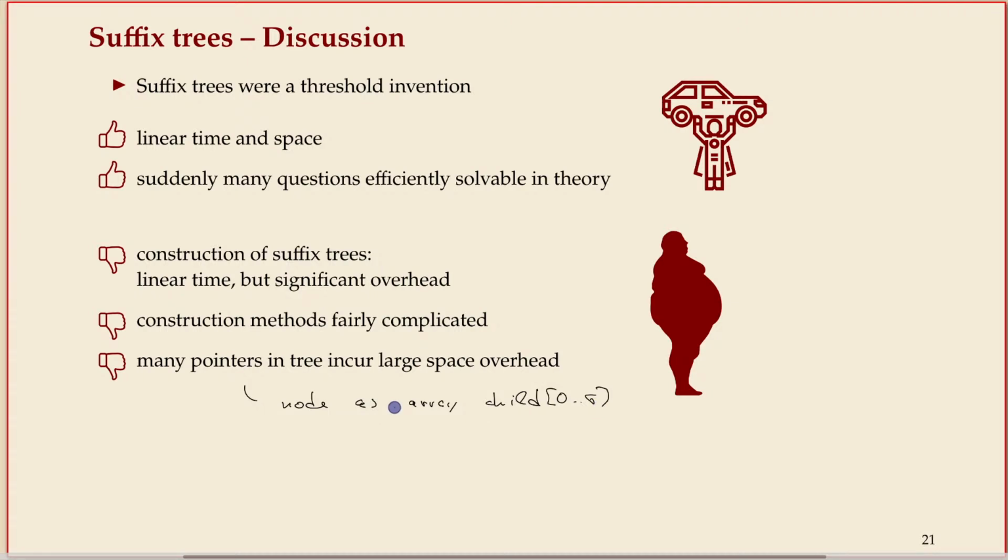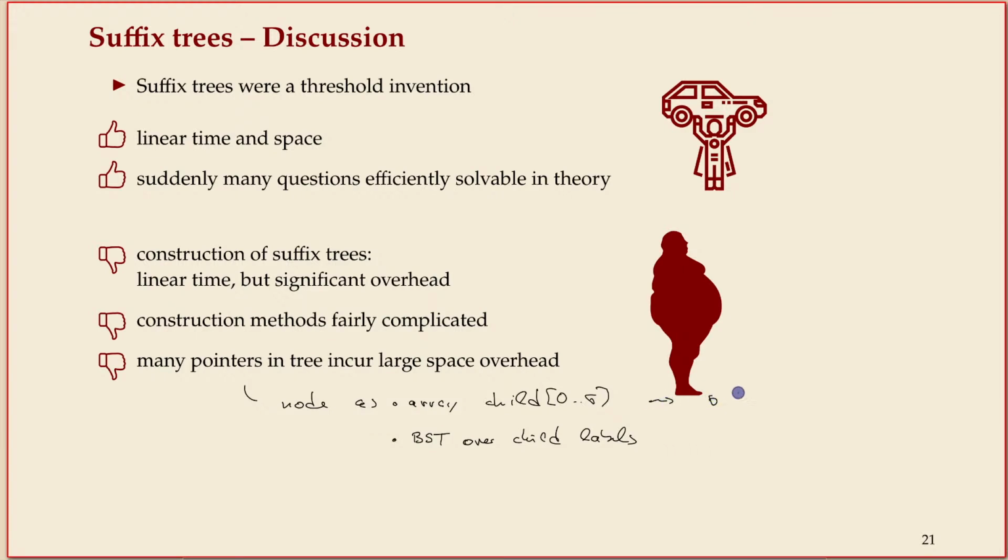The other option would be some other data structure within each little node that tells you what child pointers exist. So you could have, for example, a little binary search tree over the labels, and then it's a little dictionary in each node that maps from the edge label to the child pointer. But then you have a log sigma overhead for each traversal, because that's the binary search tree.